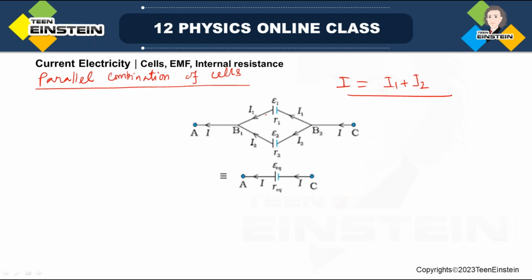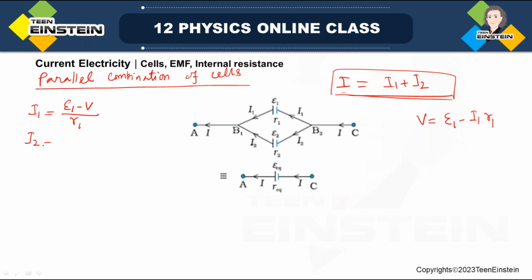Then I will find out the current I1. What we know about this cell, from the previous discussion, is that the drop is I1 R1. The current and internal resistance are different for each cell. So I1 can be written as E1 minus V divided by R1.